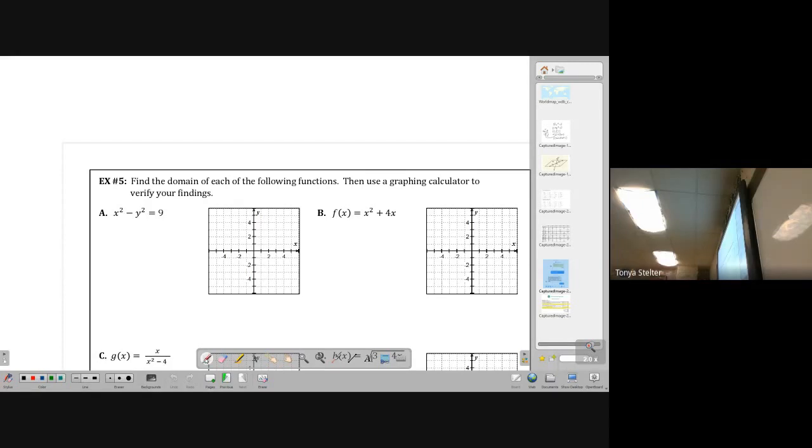All right, so for this one, we're going to put it in y equals form. It makes it easier to see if there's any values that you have to exclude.